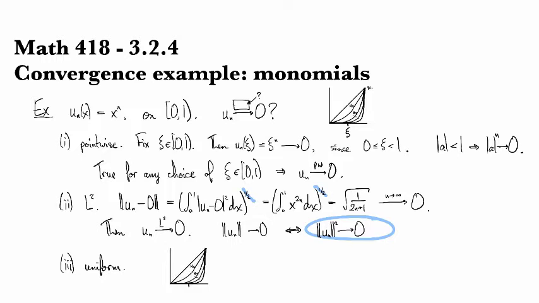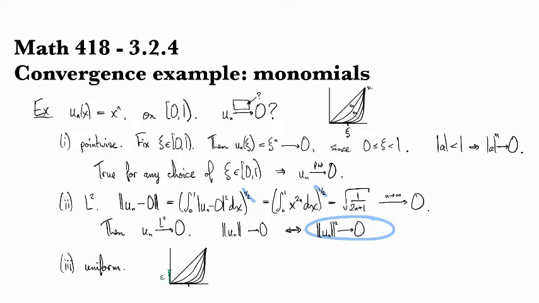If we look at a plot of this again, there we go. So suppose we want the tolerance to be this epsilon.